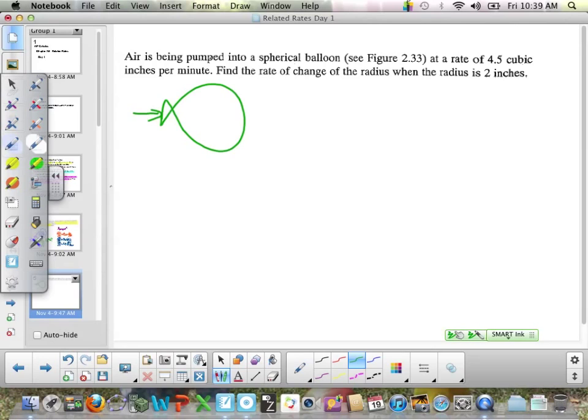Air is going into the balloon. When we say it's being pumped up at a rate of 4.5 cubic inches per minute, that is how fast the volume of the balloon is expanding. So we would say dV dt, the change of volume with respect to time, is 4.5 cubic inches per minute.